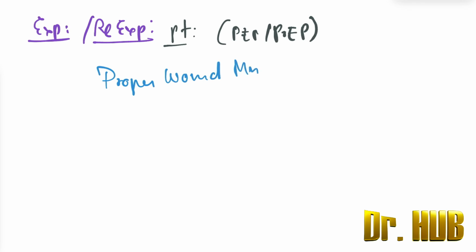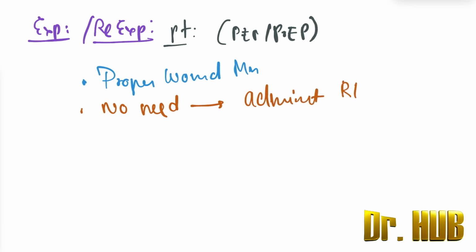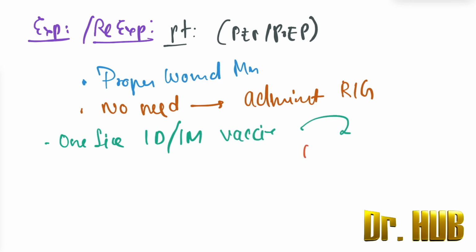There should be no need for administration of the RIG. Next is a one-set ID or IM vaccine, administered on day 0 as well as day 3. Only adequate wound washing would be required in case of re-exposure.